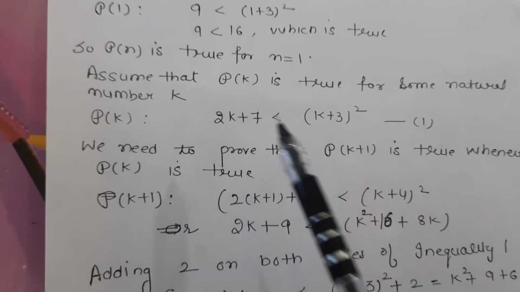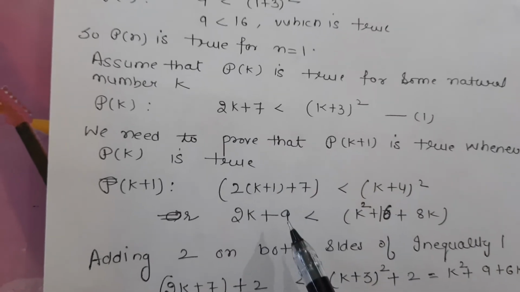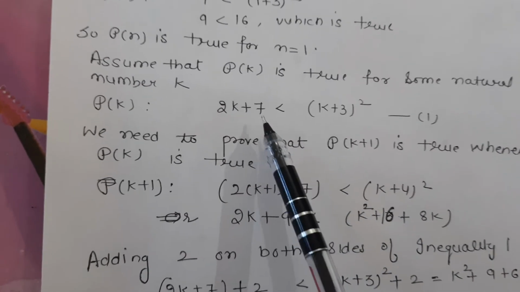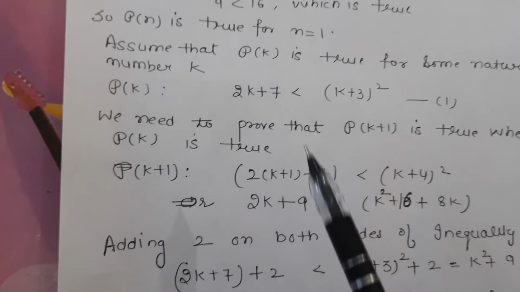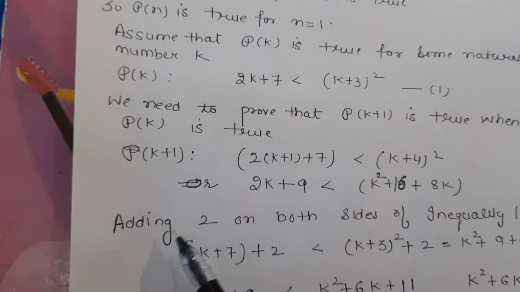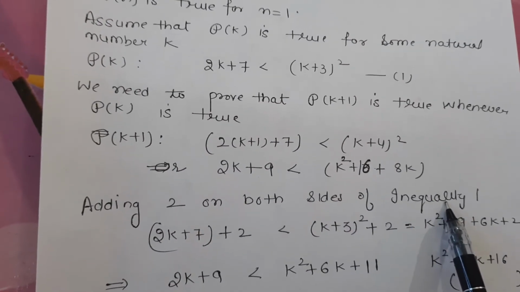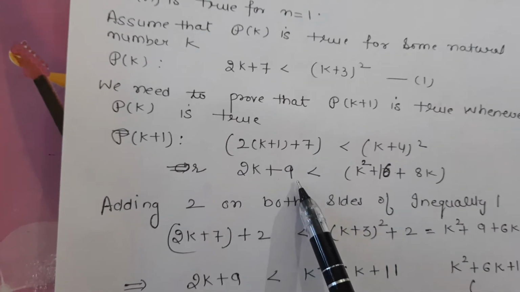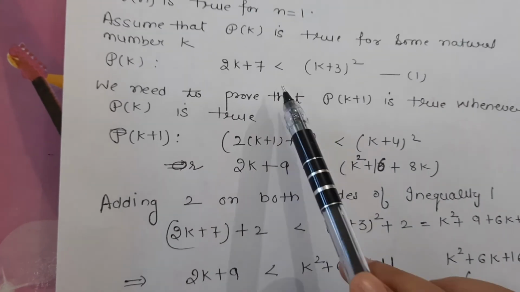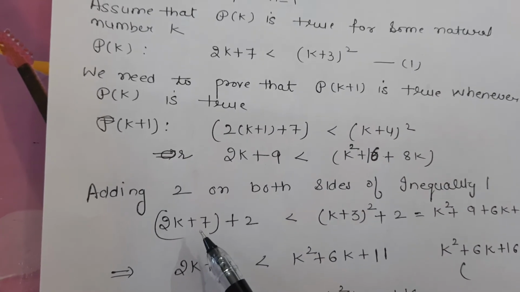Right? Now look at the left hand side of both these inequalities. Here you have 7, here you have to prove for 9. That means if we add 2 on both sides of inequality 1, you are going to have this side. This is your inequality 1, right? 2 is a positive number. So if we add some positive number on both sides of an inequality, the sign will remain the same.